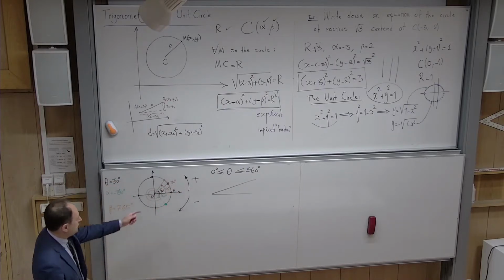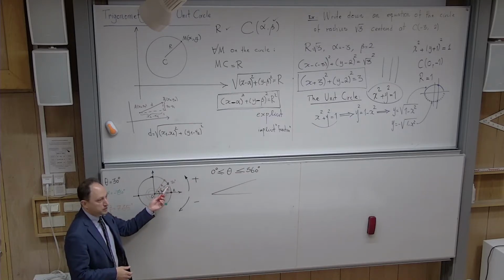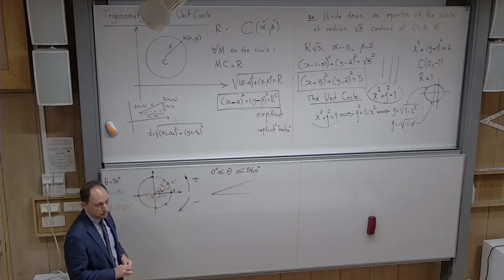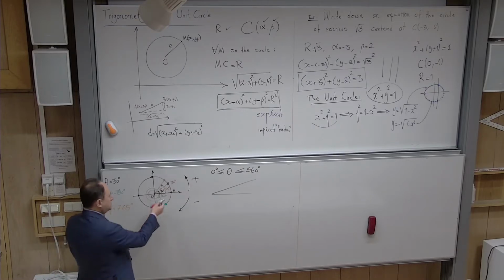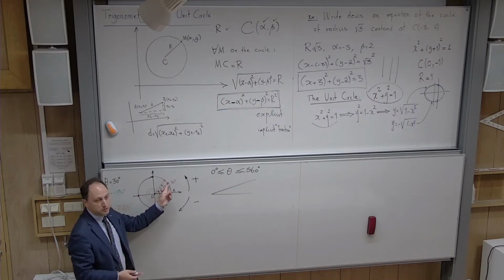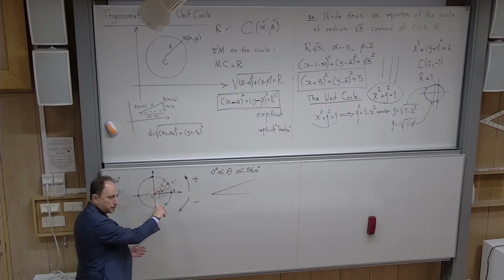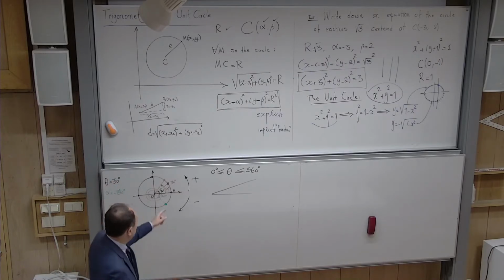One name representing that final point. Can you tell me another name which gives me the same final point? For example, 390 degrees. Yes, 390 degrees is a different name, but it will end up exactly at this point. Because you go one full round, it is 360 degrees, you have to continue 30 degrees more and you reach exactly this point.